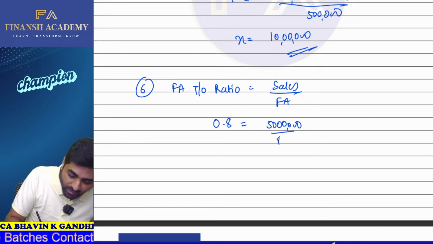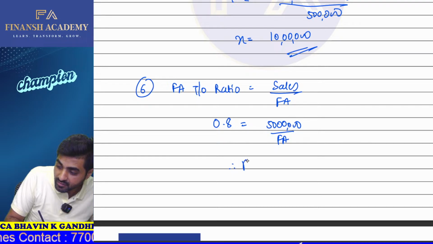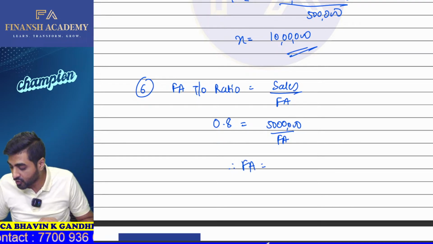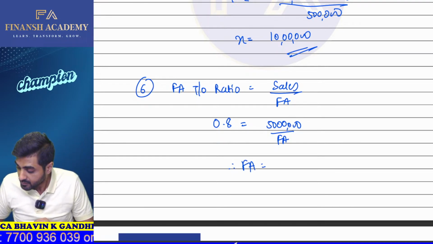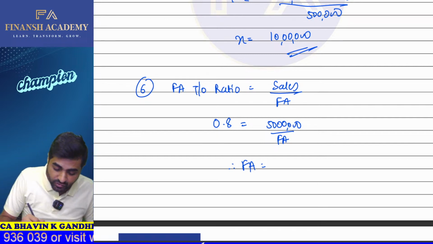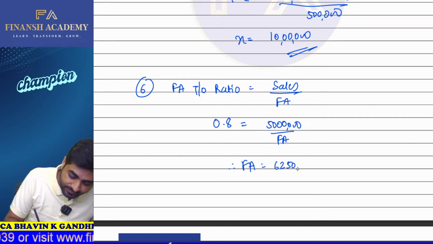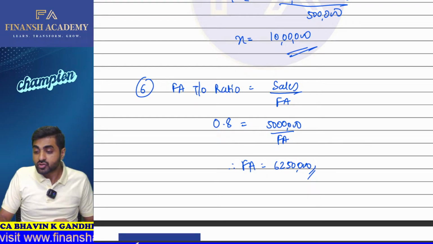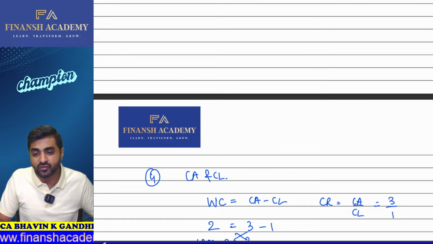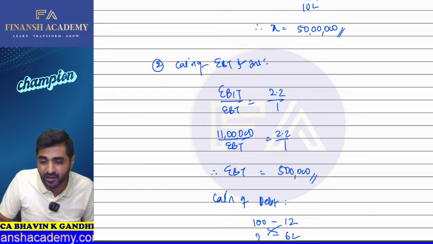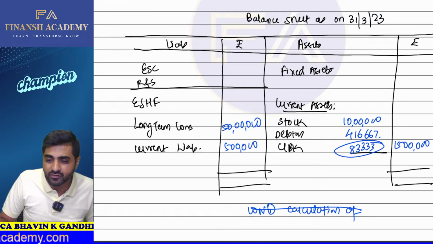So what should be the amount of the fixed assets? My amount of fixed assets will now be 62 lakh 50,000. So I can write down here 62 lakh 50,000.